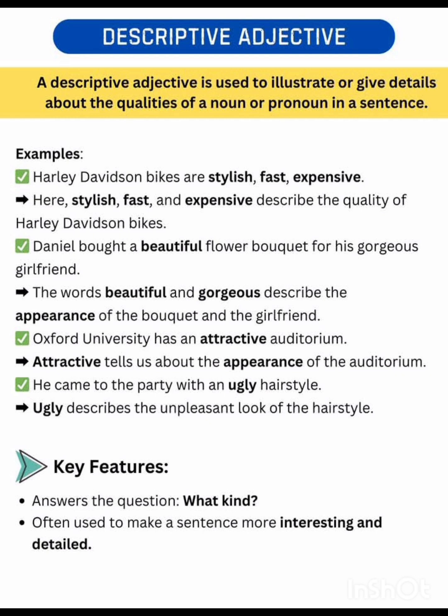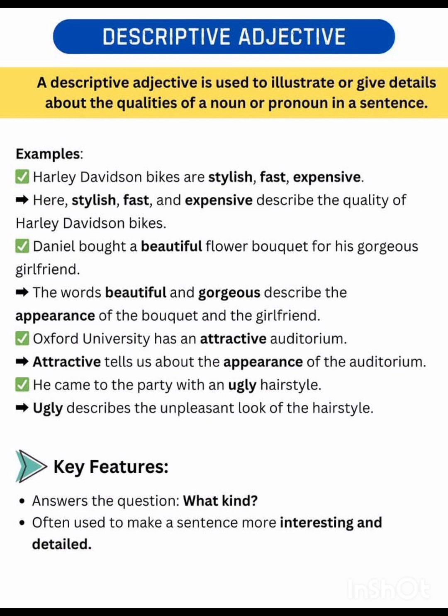in a sentence. For example, if you see the sentence, it says Harley Davidson's bikes are stylish, fast, and expensive. So in this sentence we are using three adjectives. What are the three? Stylish, fast, and expensive. They are talking about the quality of the noun.